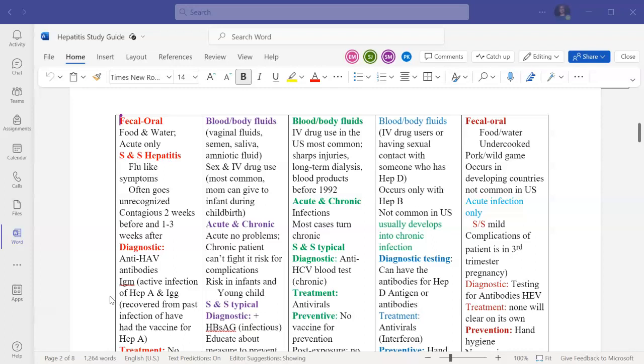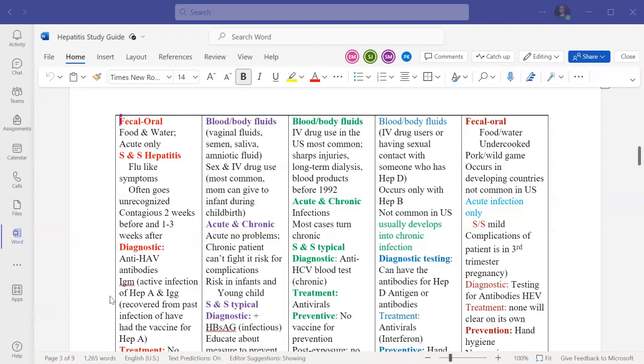So what are signs and symptoms of hepatitis A? It often goes unnoticed. What type symptoms would they have? Maybe some vomiting, maybe fever. Okay. So they're going to have those flu-like symptoms. All right.